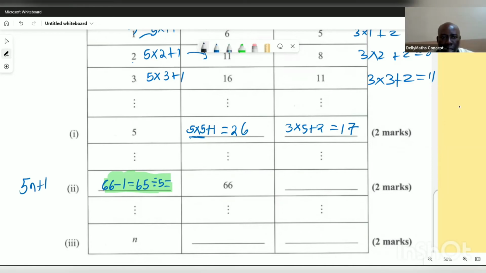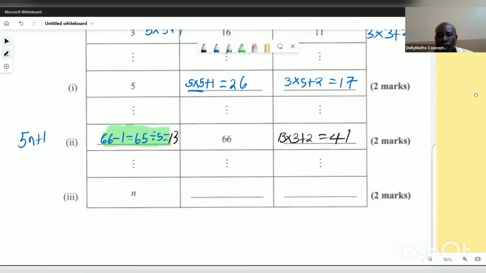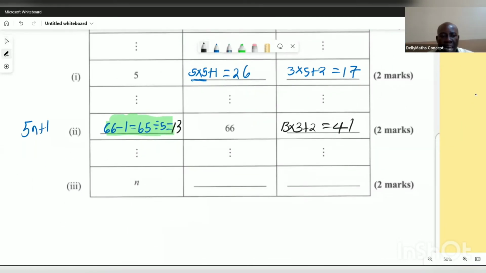Let me put it in another color. So this is 13. Now, if I am aware that this is 13, remember, to get this spot here, it's going to be 3 times the 13, and then you add 2. 39 plus 2, and that's going to land us 41, right? Going forward. So if I have n in this column, remember the pattern here is 5 times anything over here.